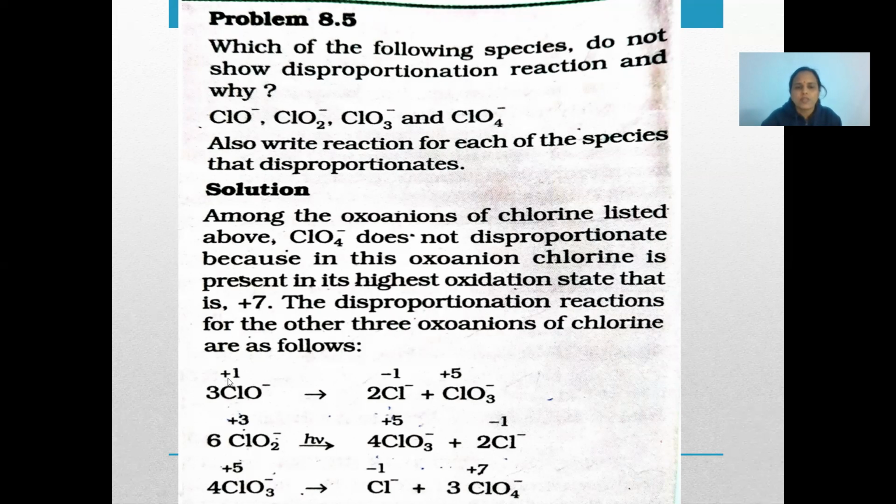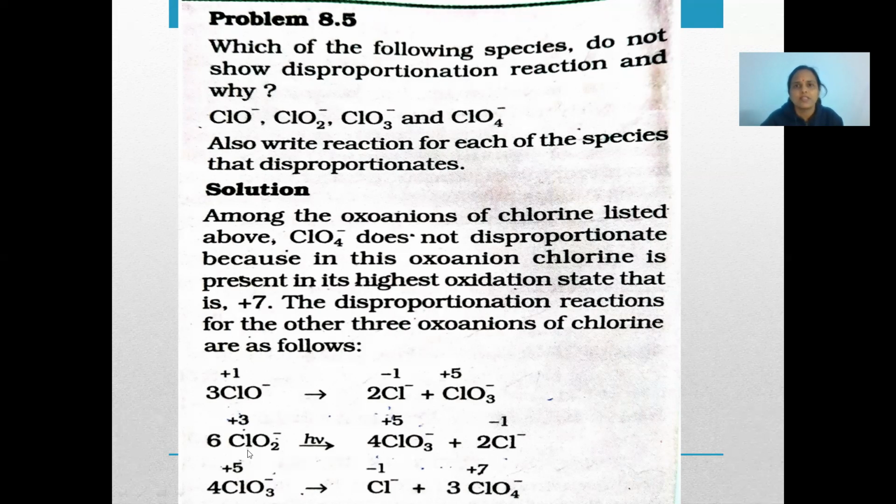So here Cl is present in +1 state, goes to -1 state, undergoing reduction. And from +1 state, it goes to +5 state in ClO3 minus, so it is undergoing oxidation. So this is a case of disproportionation reaction. The second case you see, 6ClO2 minus gives 4ClO3 minus plus 2Cl minus.